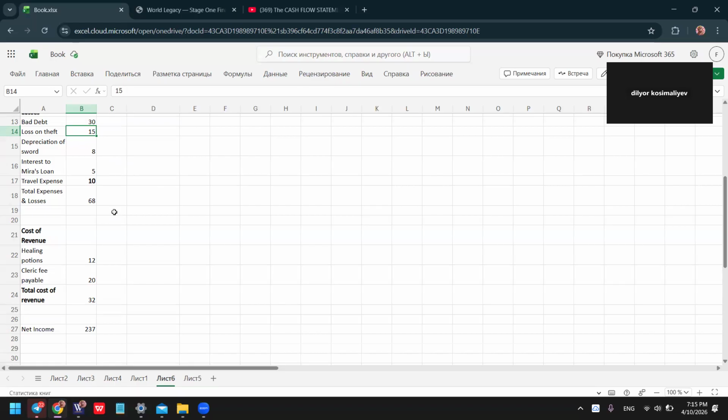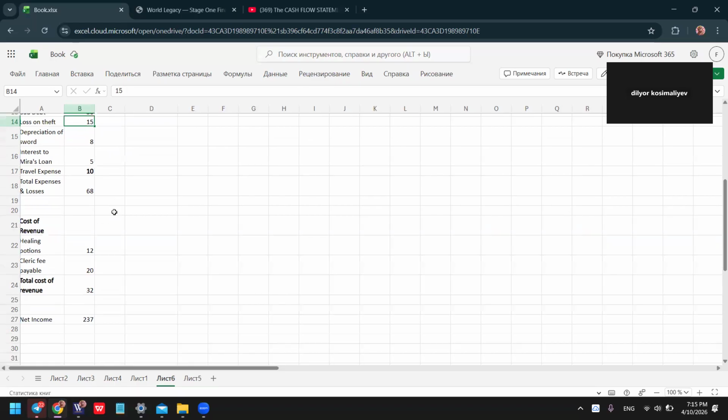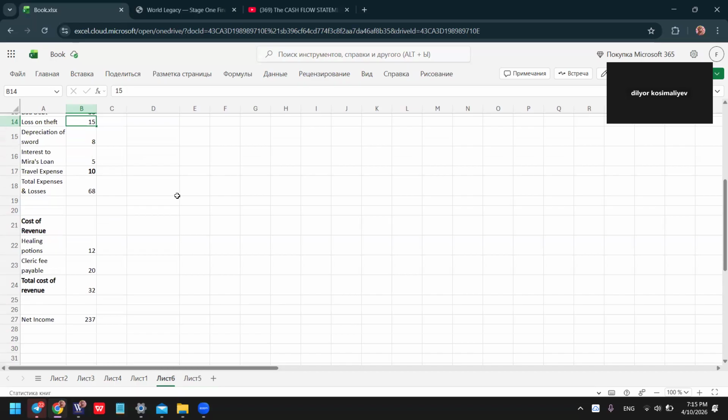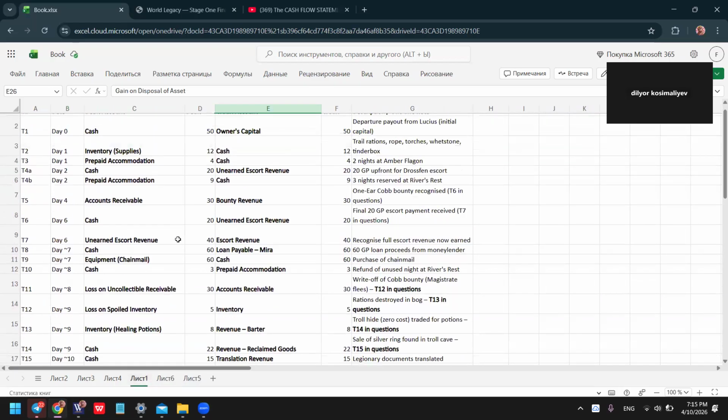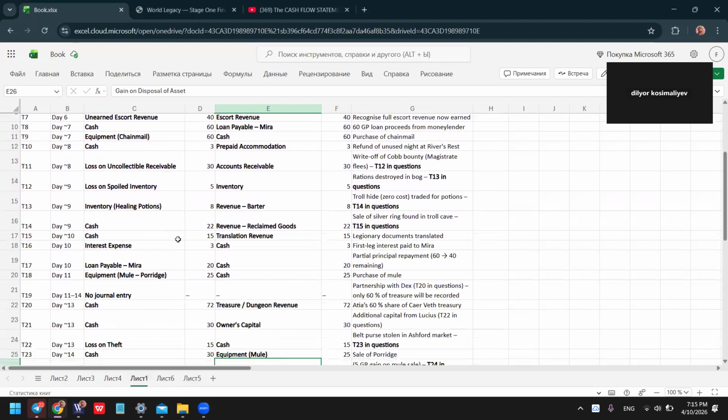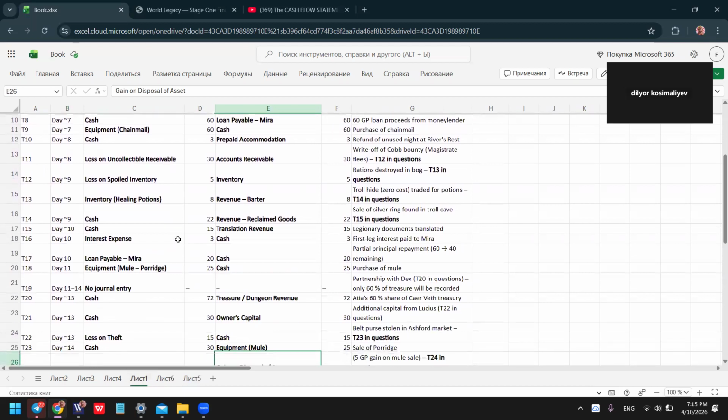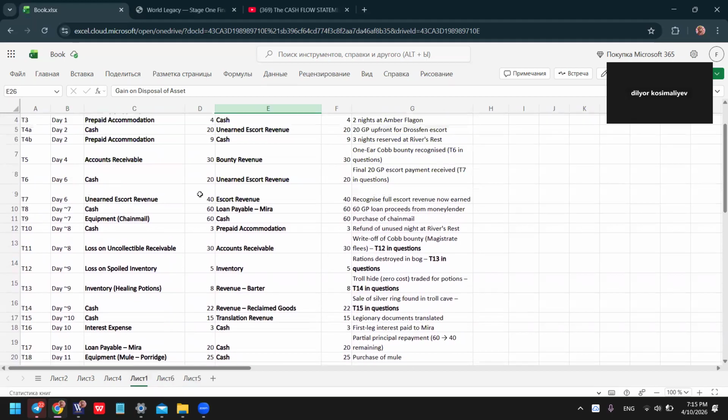The next thing that we add here is our loss on inventory.